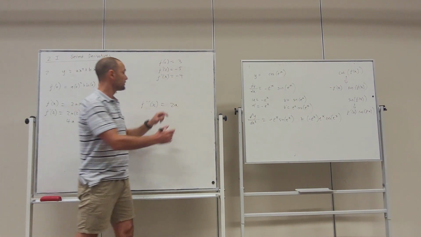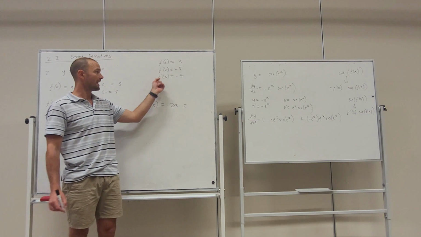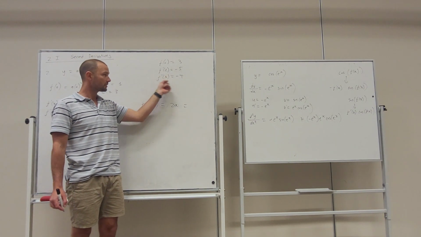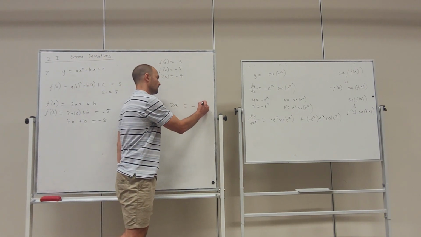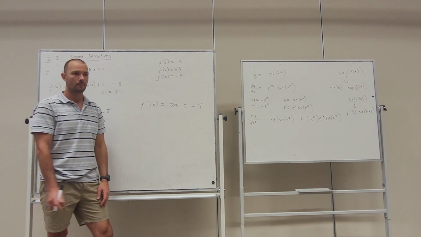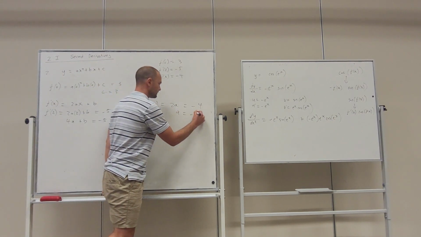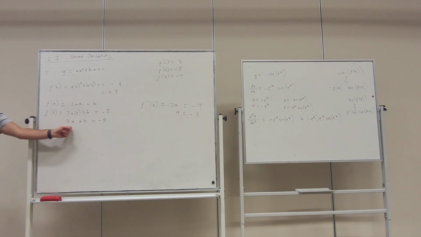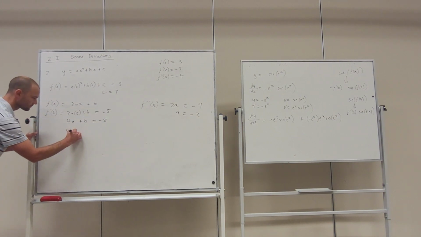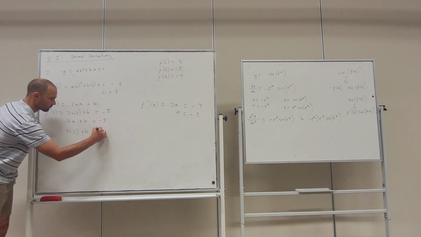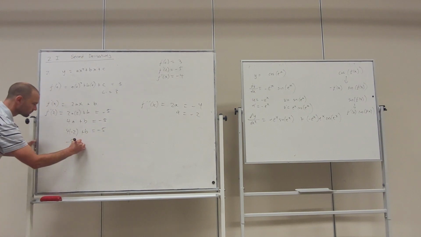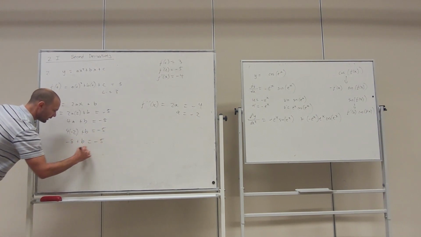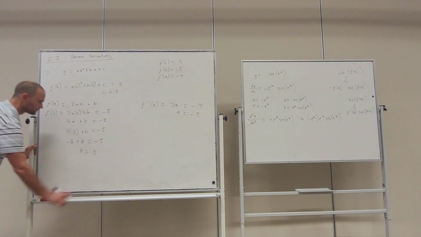And then we're told the second derivative, we don't even have to put an x value in there, the whole second derivative is equal to minus 4. This gives us a is minus 2. A is minus 2, let's chuck that in here. We'll get b is positive 3.